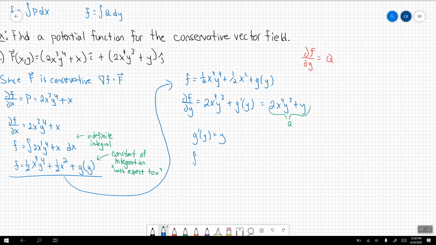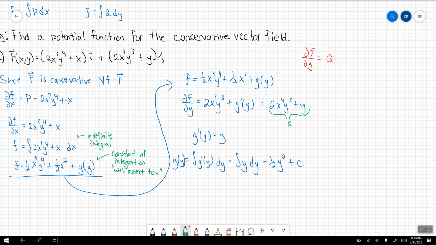So when we integrate g prime of y, this is actually going to get us just g of y. This is dy. So that's the integral of y dy, which is just 1/2 y squared plus some type of constant.